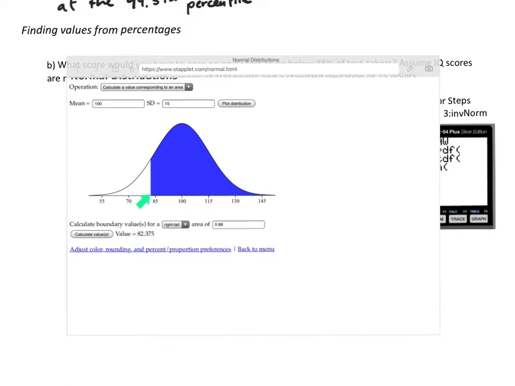It's just saying, what value on the x-axis would give me 88% shaded on the right side? Or you can ask, what location on the x-axis would shade 12% on the left? This white area is 12. You can ask either way, but you have to pay attention to the question. Does the question say below or above? That can tell you whether you're going to use a right or a left tail.